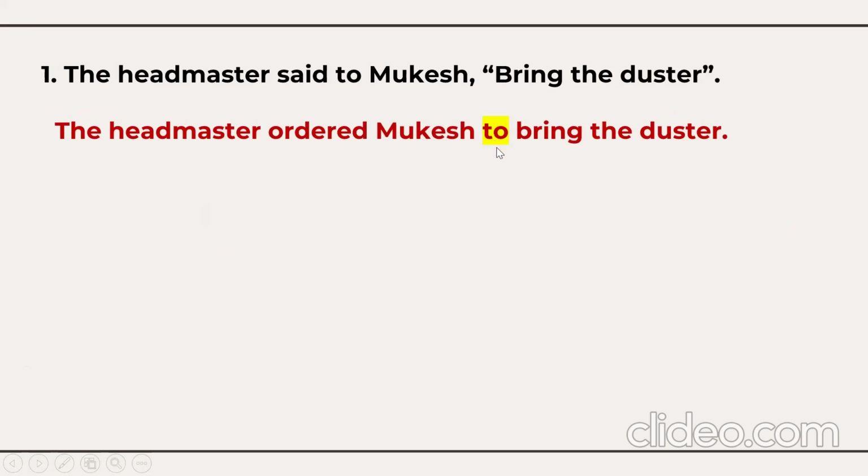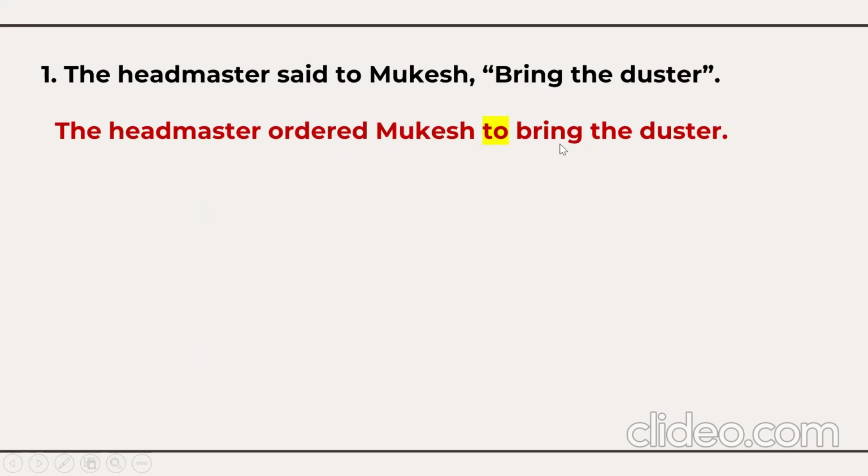And remember one golden rule of tense. Next to "to", if any verb is coming, the verb should always be in the simple present tense, without any s or es. To bring the duster. Simple. The headmaster ordered Mukesh, the headmaster asked Mukesh to bring the duster.